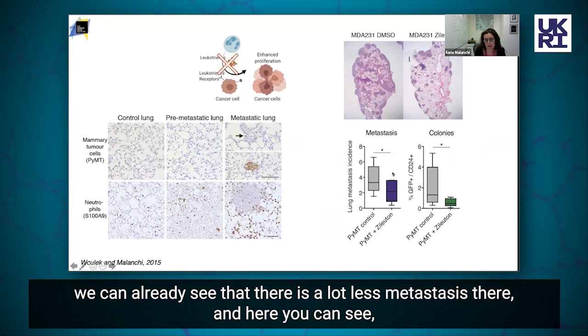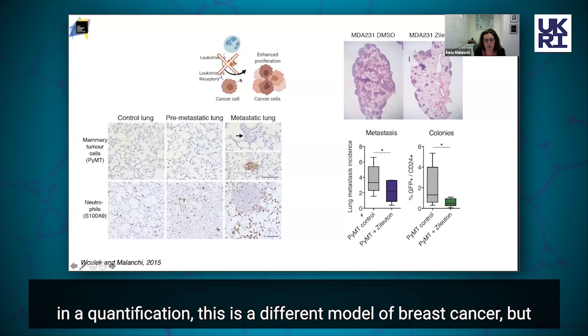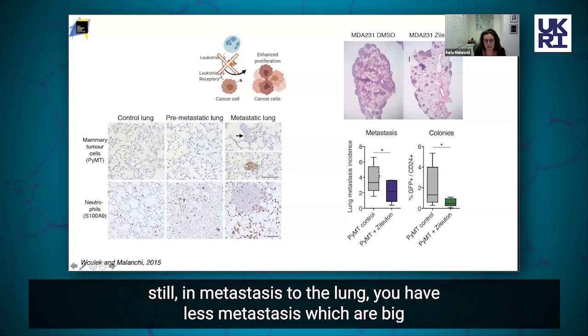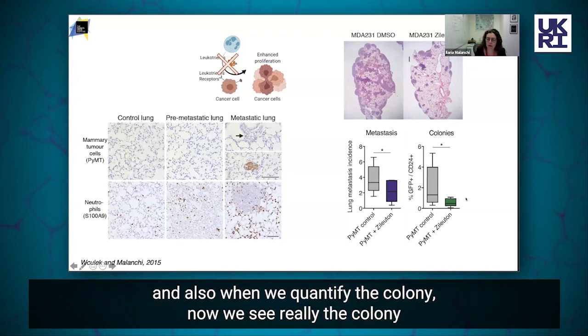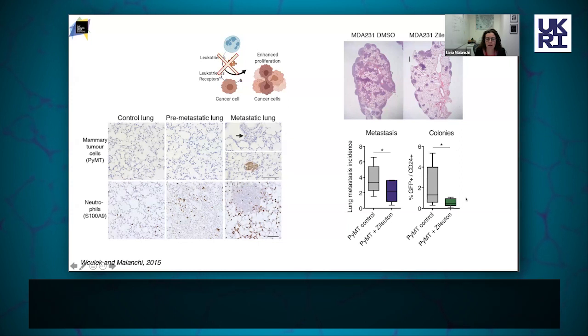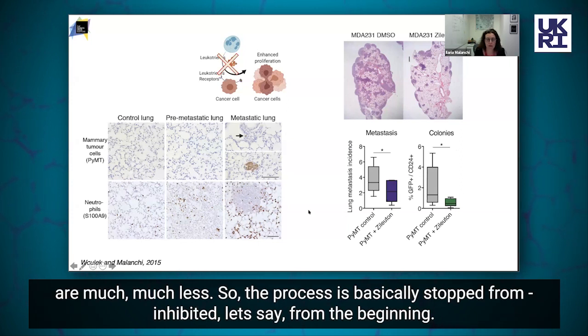And here you can see in a quantification, this is a different model of breast cancer, but still in metastasis to the lung, you have fewer metastases which are big. And also when we quantify the colonies, now we see that really the colonies are much fewer. So the process is basically stopped, or inhibited, let's say, from the beginning.